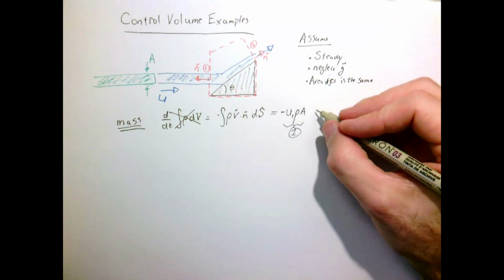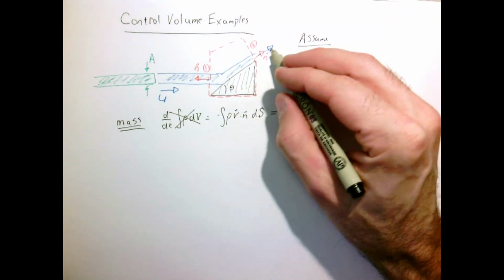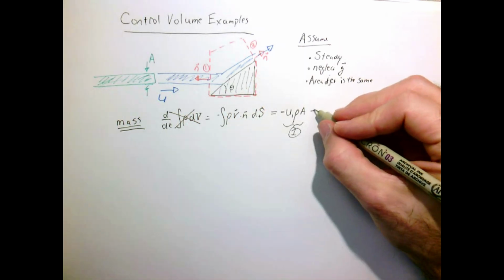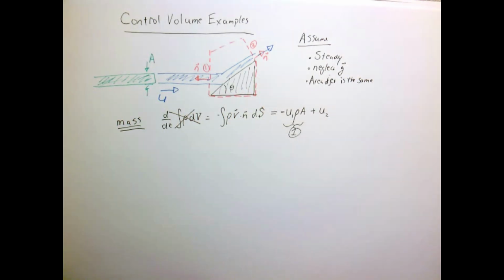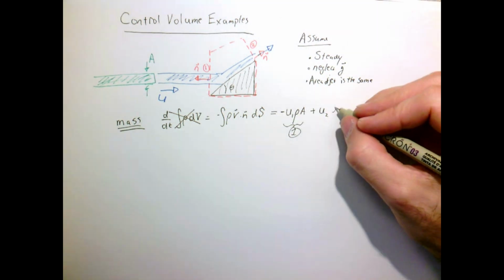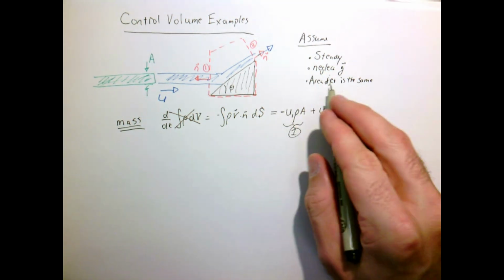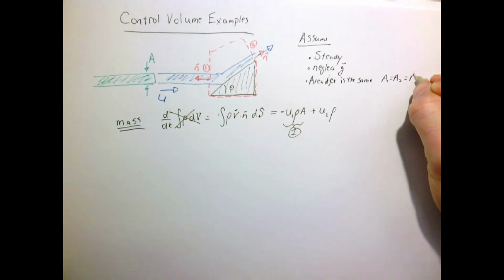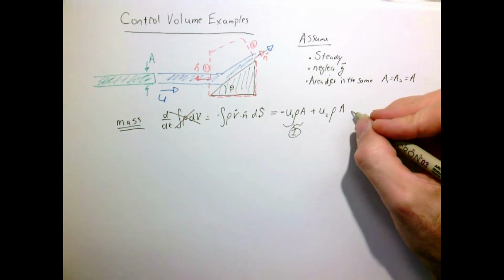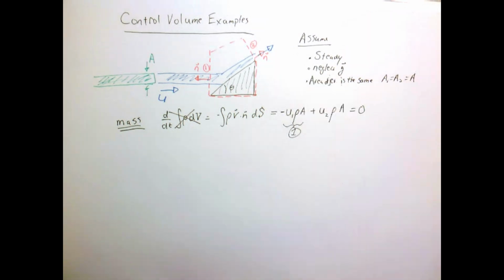At surface 2, the velocity is aligned with the normal vector, so I have plus U2. I have the density of the fluid, and we're assuming the area of the jet is the same, so A1 equals A2 is equal to A. And that equals 0 because it's steady.